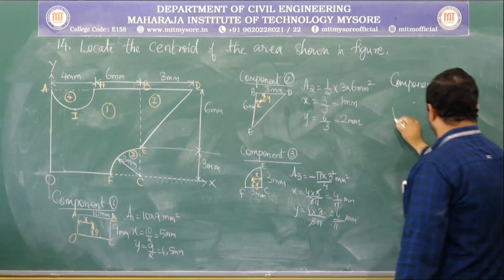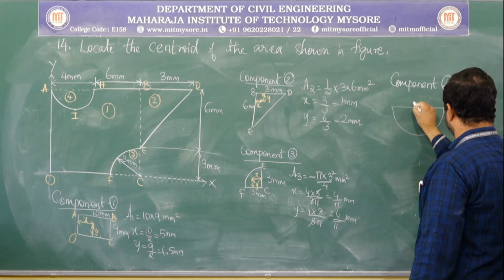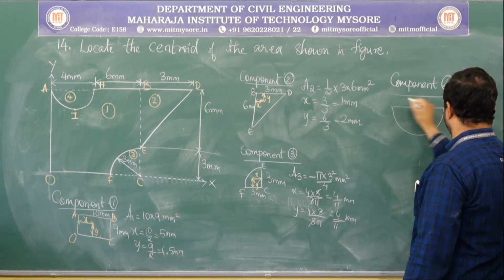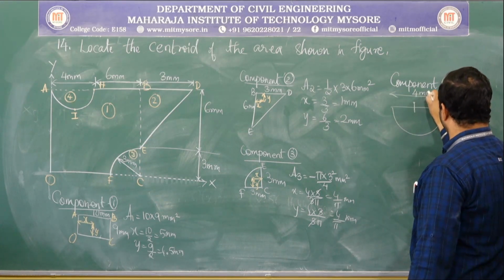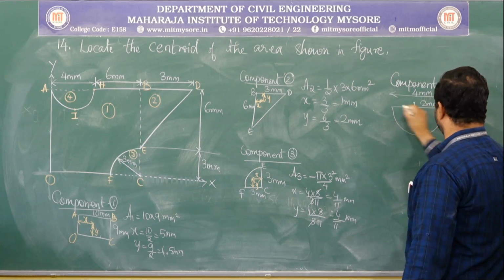Next, at last, component 4. So, component 4 is a semicircle and this diameter is given as 4 mm. We can write the radius as 2 mm and 2 mm.